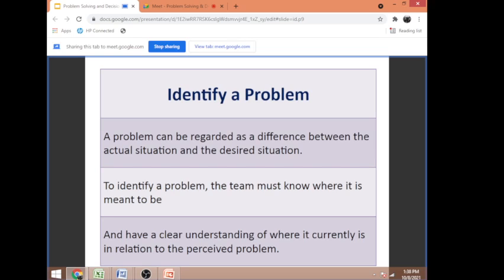Okay, so you have to prevent the problem from making it big. When the problem becomes bigger, a huge problem, it will be more difficult to solve.